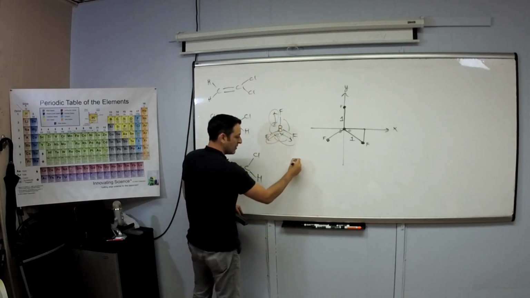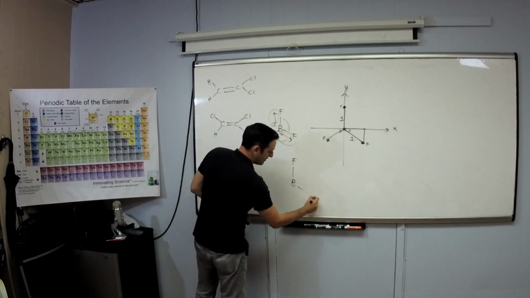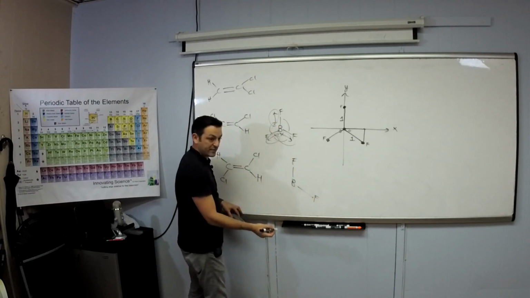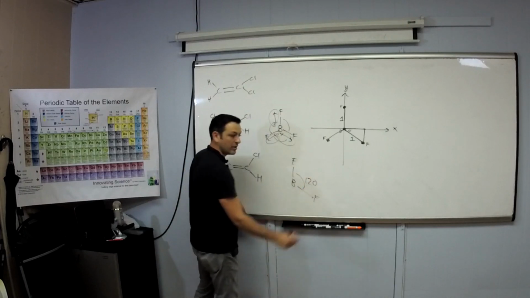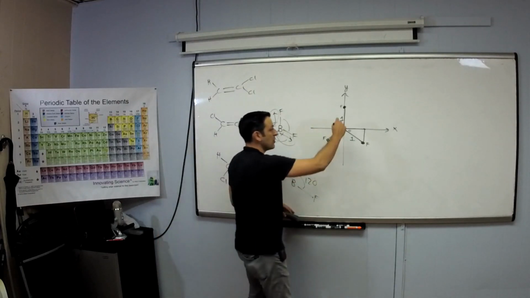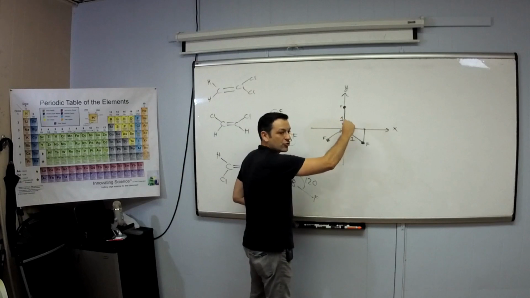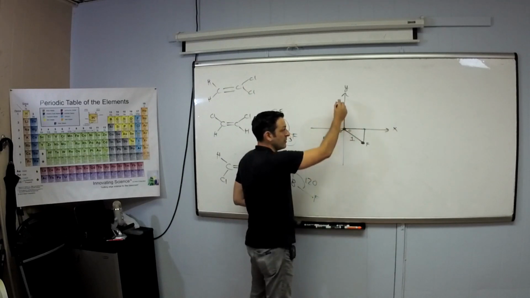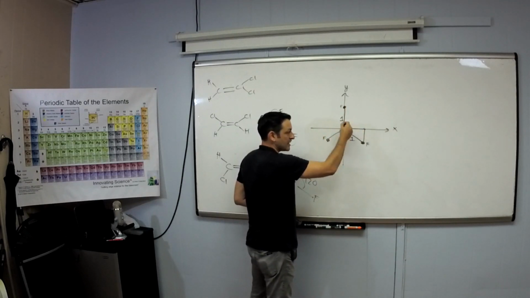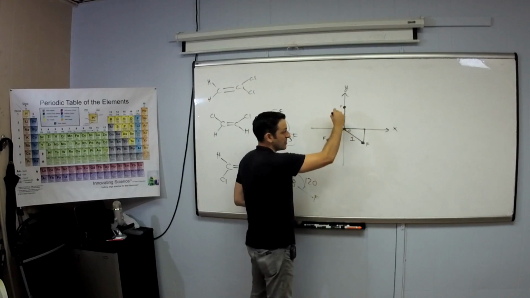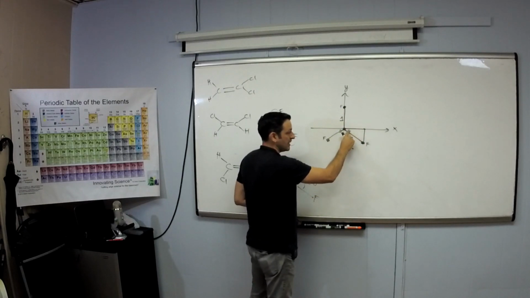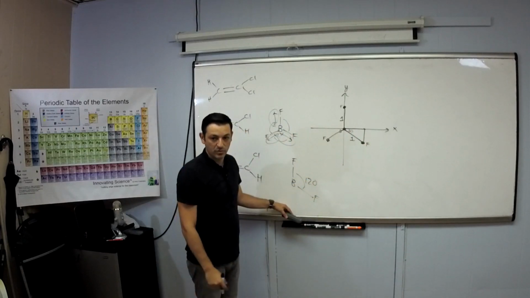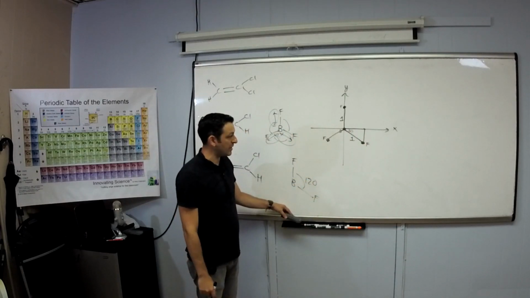The angle from F to B to F, any F to B to F, is 120 degrees. So this whole thing is 120. And do you notice the y to x makes a 90-degree angle? So this whole thing is 120, and that's 90. Isn't this 30? Because 120 minus 90 gives me a 30.